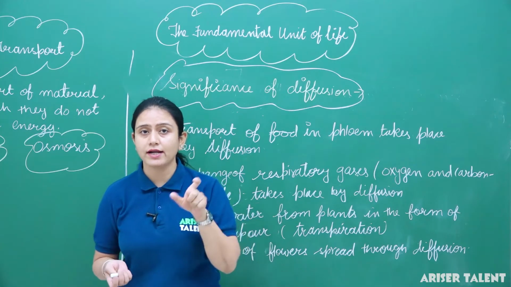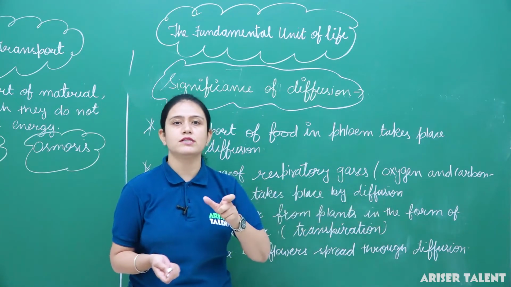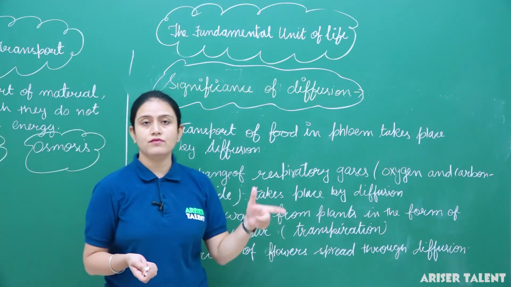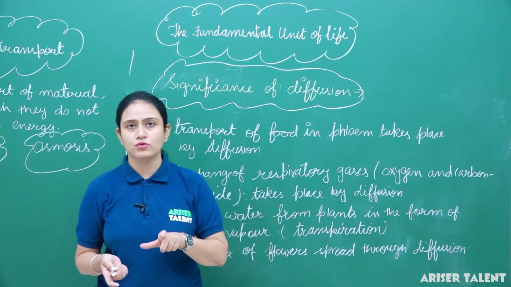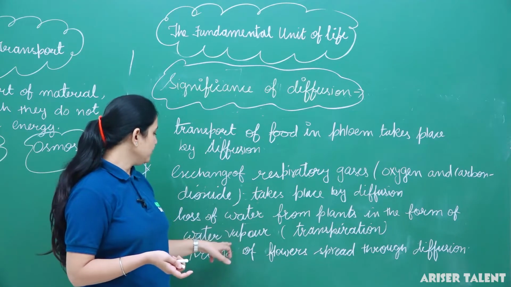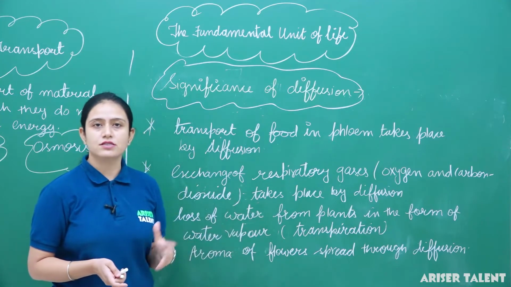Thus we can say that exchange of respiratory gases like oxygen and carbon dioxide takes place due to diffusion. Okay. Loss of water from plants in the form of water vapor, that process known as transpiration, also takes place by diffusion. Aroma of flowers spreads through diffusion. So these are the significances of diffusion.